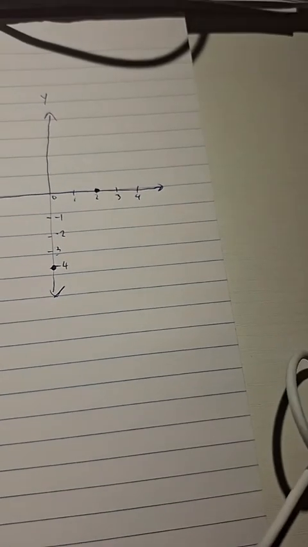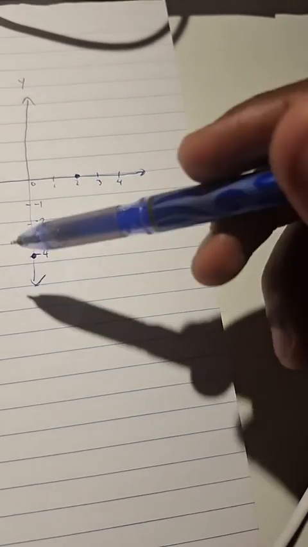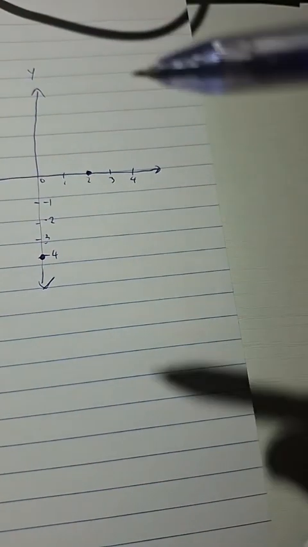Okay, and all we can do then is take our ruler and sketch a straight line, because like I said, this is a linear function, so our straight line would basically go like that.